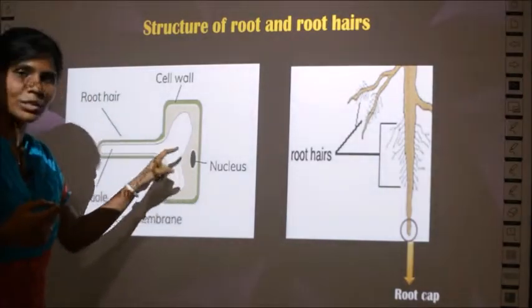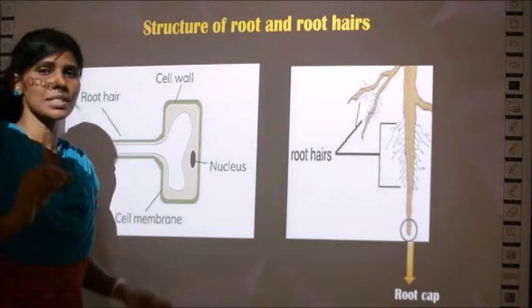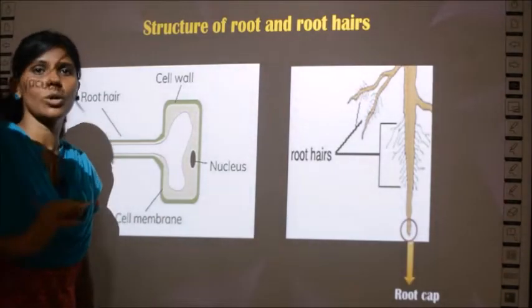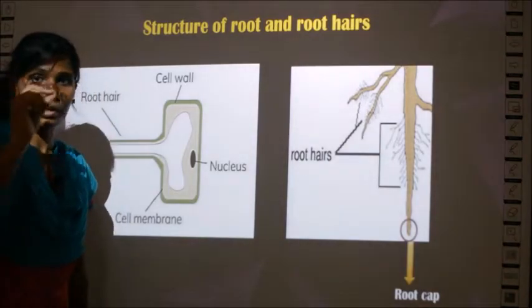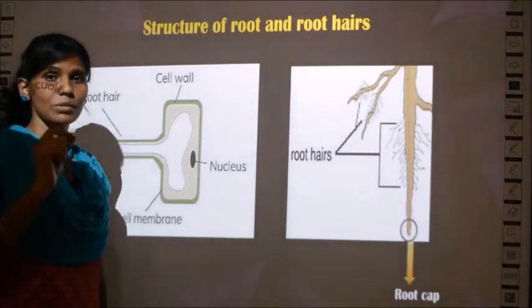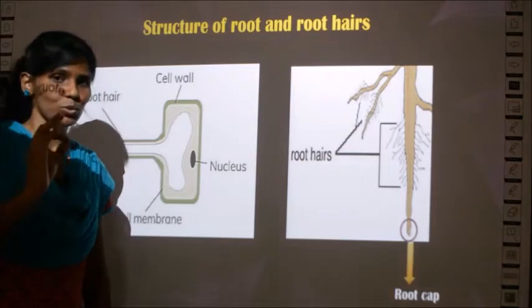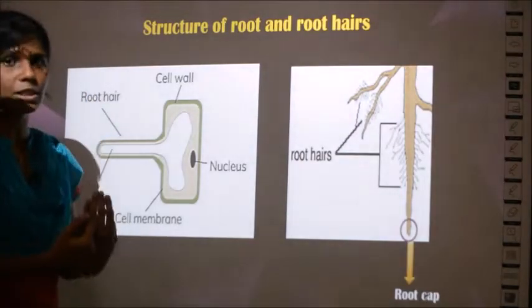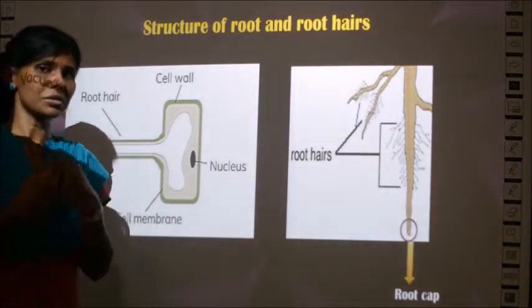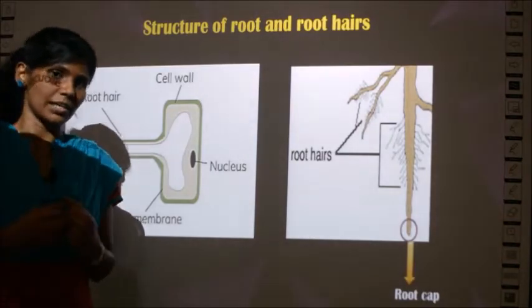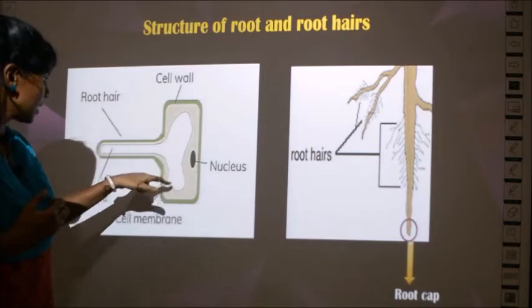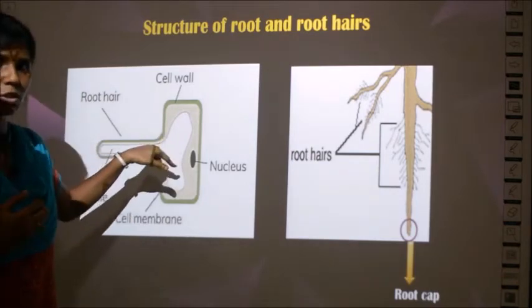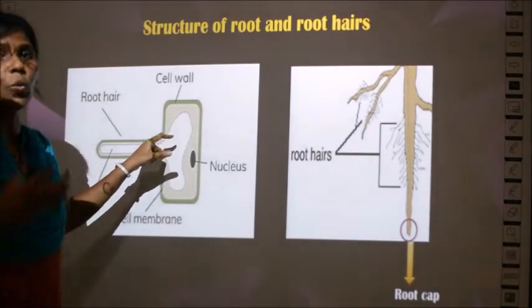Then, in any cell, whatever is a darkly shaded circle is called the nucleus. You can close your eyes and label the part. If you find a big darkly shaded region, that is the nucleus, which has the genetic material, that is DNA or RNA. I have already told you in your zoology class. Then inside you have a big white portion, that is called the vacuole.